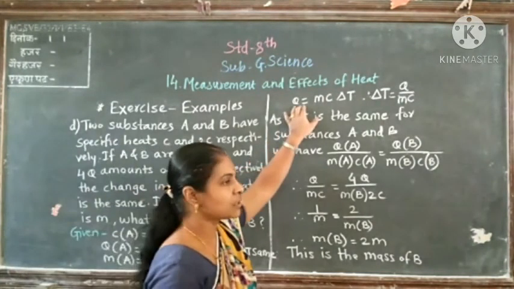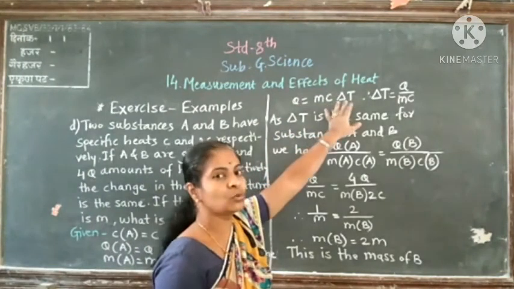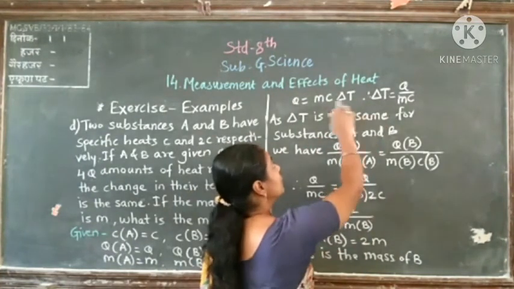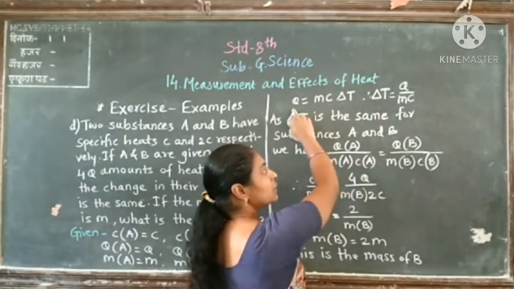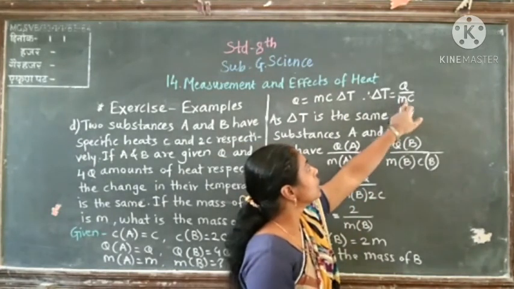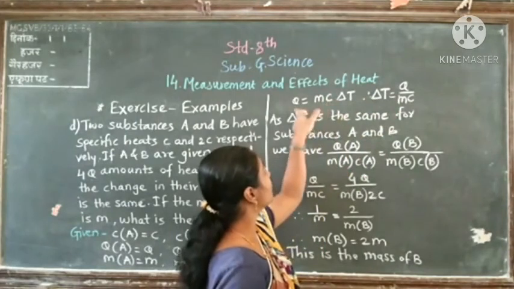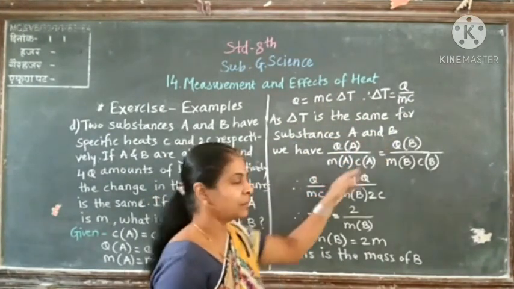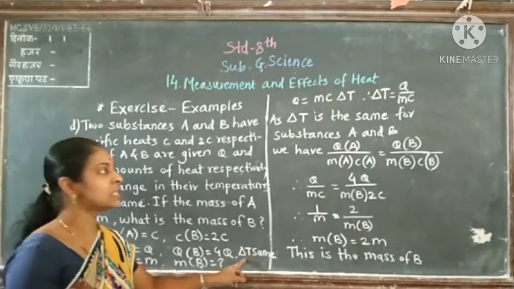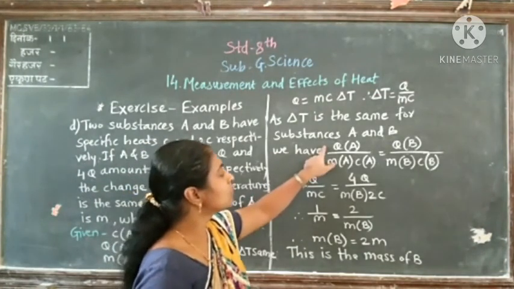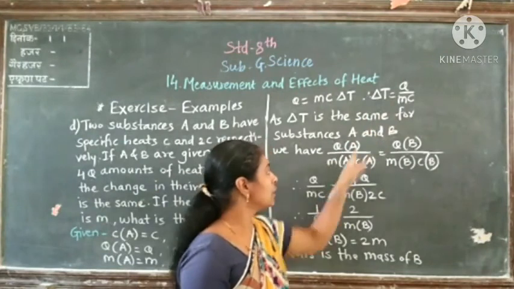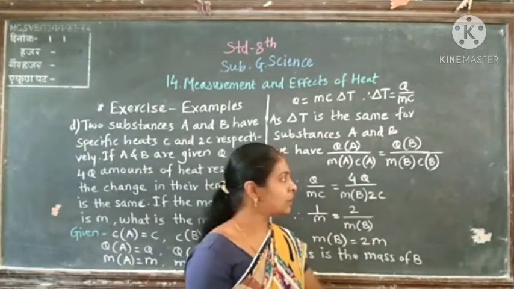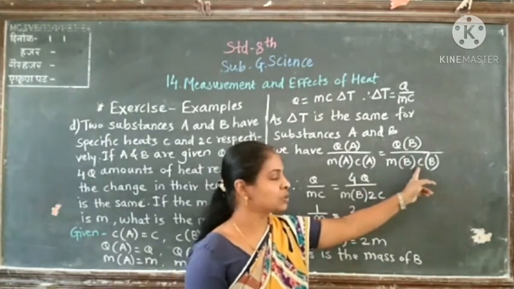Now here the formula is amount of heat is equal to mass into specific heat into delta T. So now see what is delta T? इथं आपण जर डेल्टा टी केला तर हे मास इनटू स्पेसिफिक हीट इकडे डिनॉमिनेटर येणार आहे, म्हणून इथं काय झालं का डेल्टा टी इज इक्वल टू क्यू अपॉन मास इनटू स्पेसिफिक हीट. ओके. नाउ ॲज डेल्टा टी इज सेम फॉर सबस्टन्सेस ए अँड बी, इथं आपण काय लिहिलं, डेल्टा टी दोन्ही सबस्टन्ससाठी सेमच आहे, म्हणून आपल्याला काय मिळालं का वी हॅव Q for A upon mass for A and specific heat for A, that is equal to Q, that is the amount of heat for B, upon mass of B into specific heat of B.